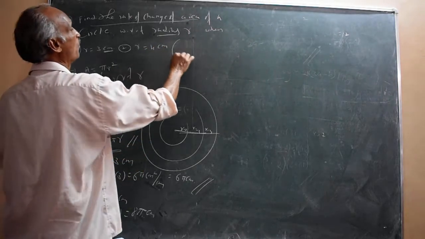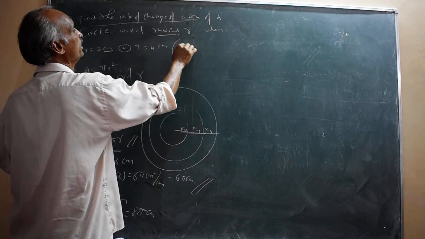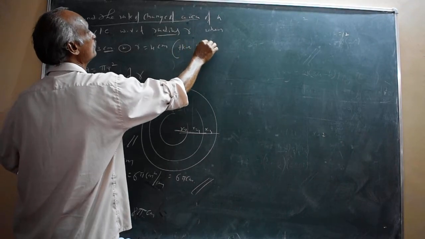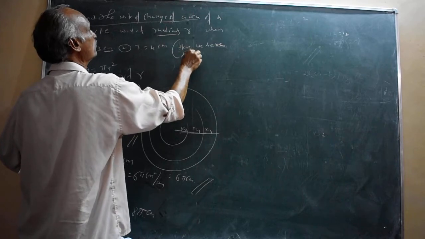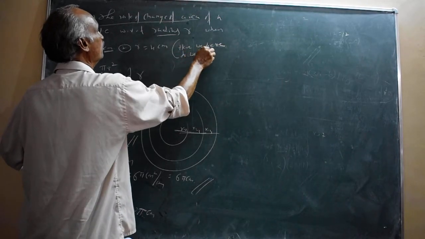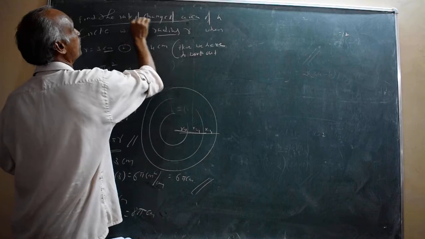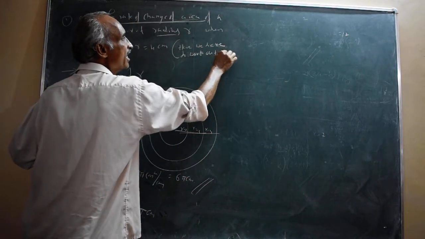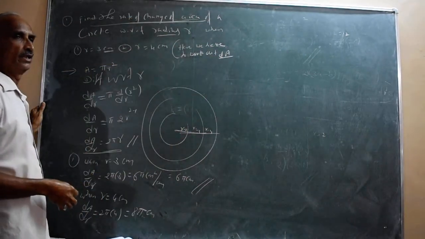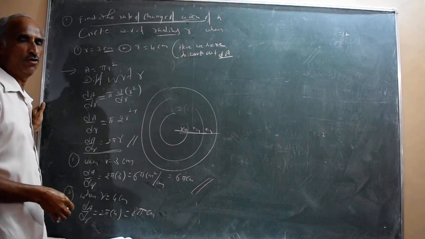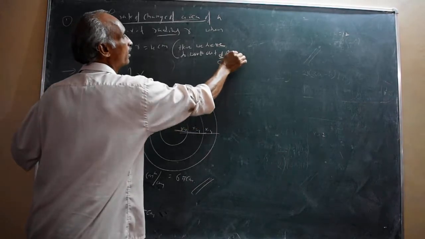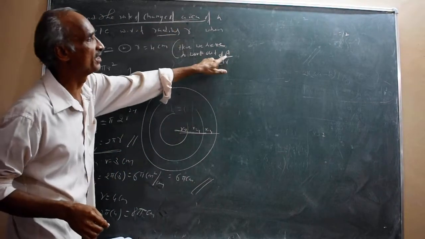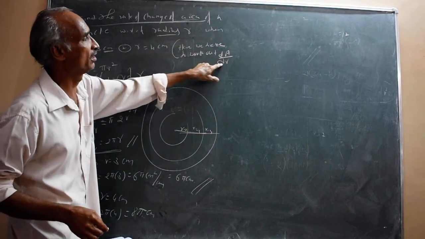Here we have to work out dA by dr. I told you dy by dx represents the rate of change of y with respect to x. Here rate of change of area means A with respect to radius r, that is dA by dr.